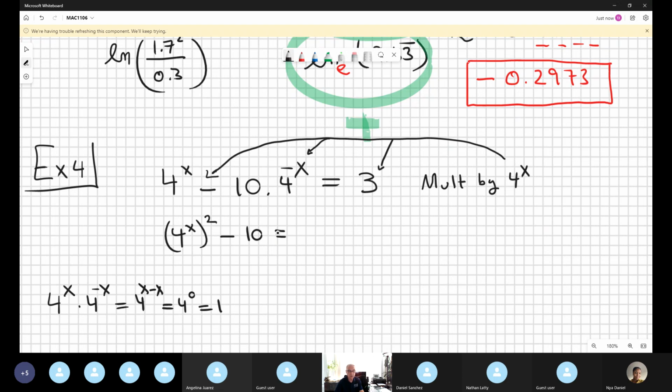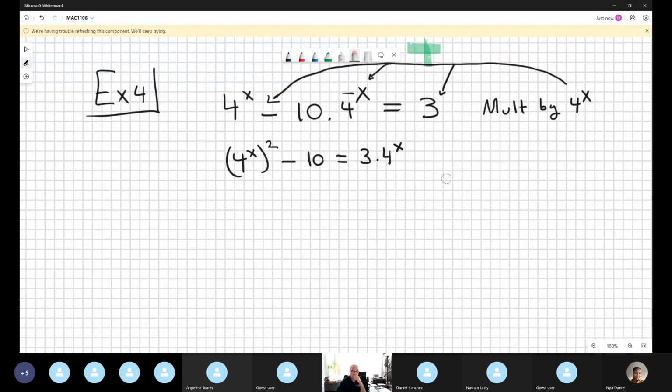It is equal to 3 times 4 to the x. So far, everyone follows me? Yes. Okay, let's continue. Now, I know very well that when you have different levels of the exponent, it's multiplication. So 4 to the x squared.